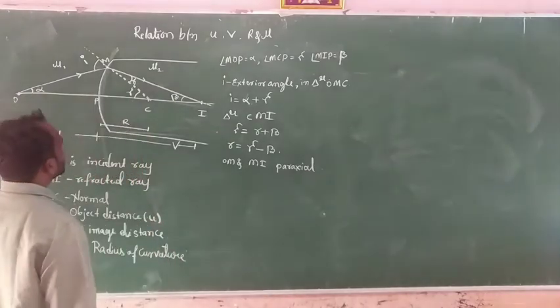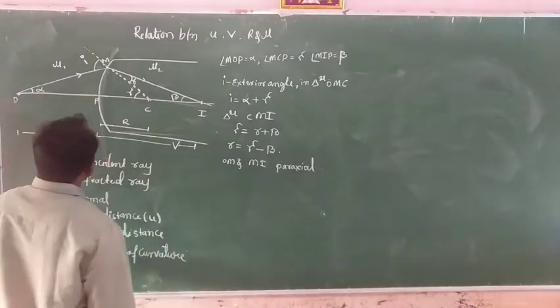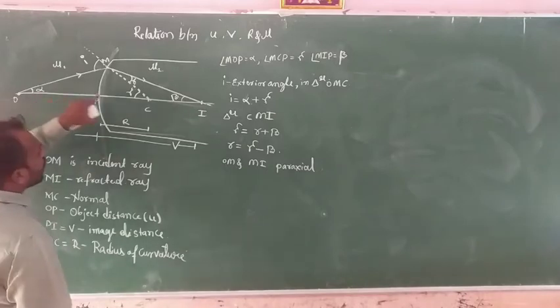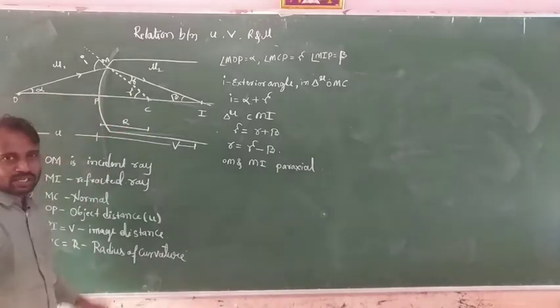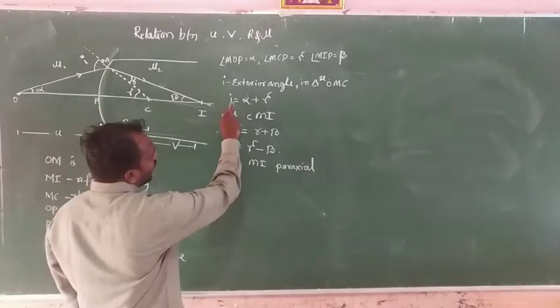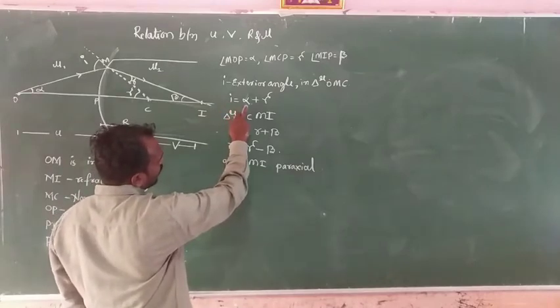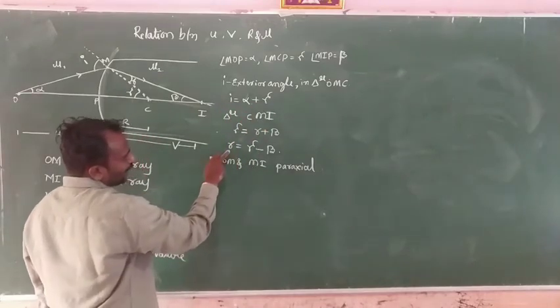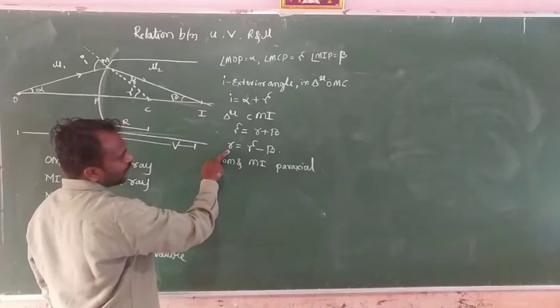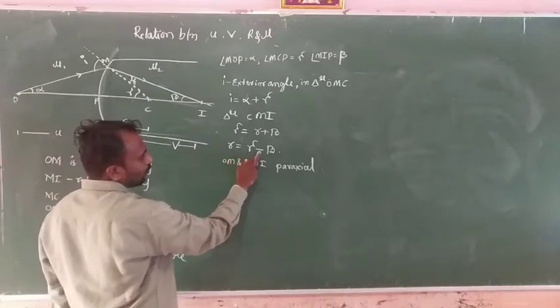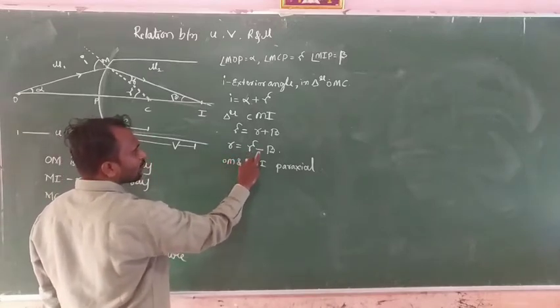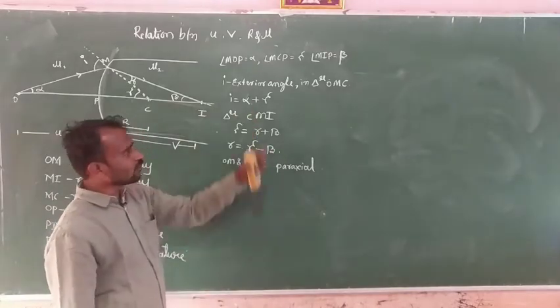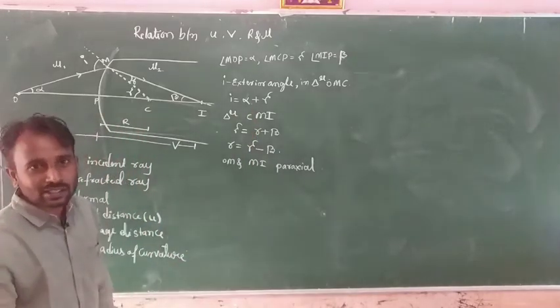So we want to calculate alpha, beta and gamma values. Why? Because the angle of incidence is alpha plus gamma, and the angle of refraction is gamma minus beta.